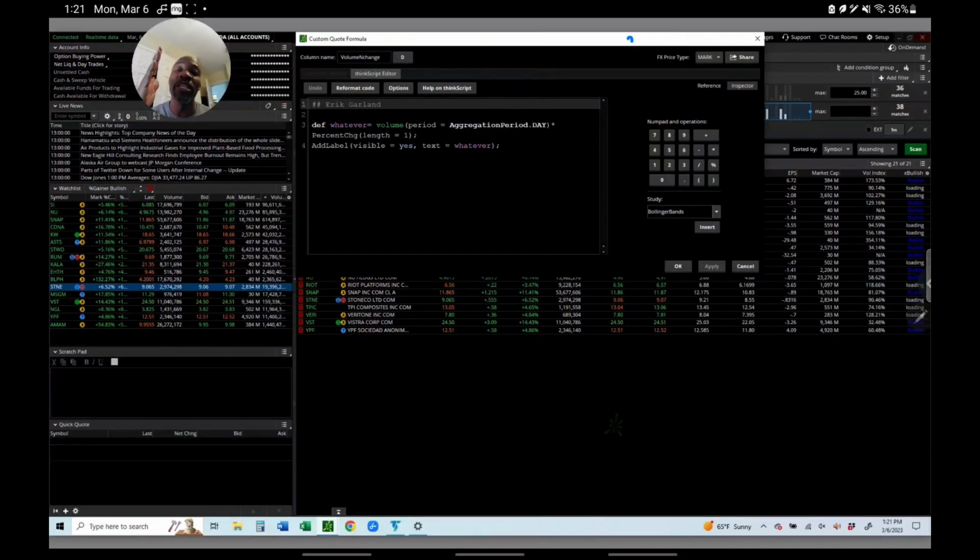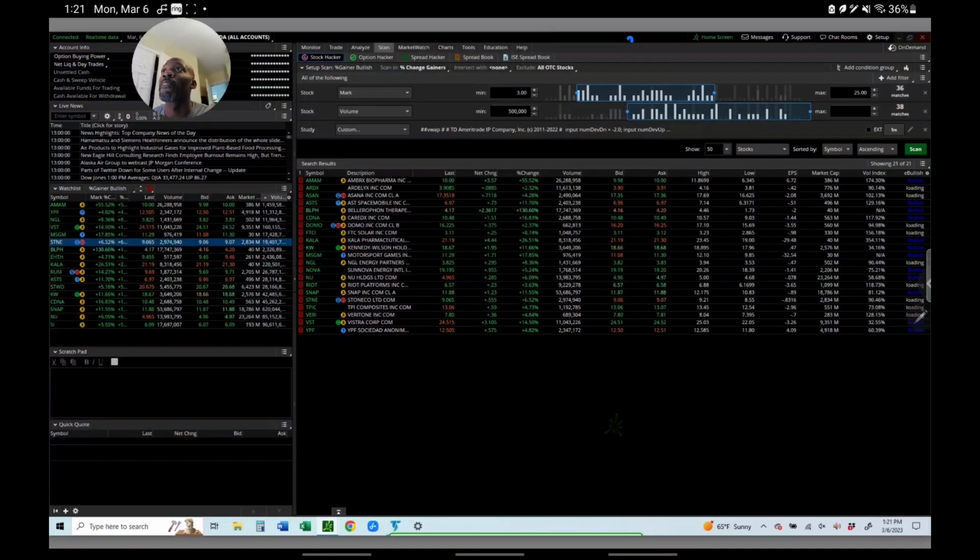If it goes up 2%, 2 times 1 million, 2 million, right? So I capture both of those variables all at one time, and it's in a column, and then I can sort that column.